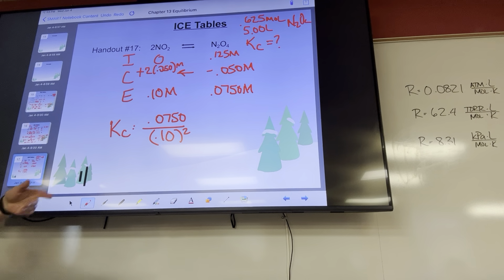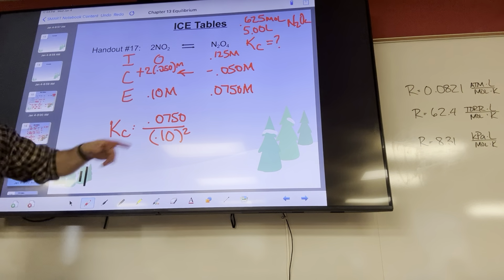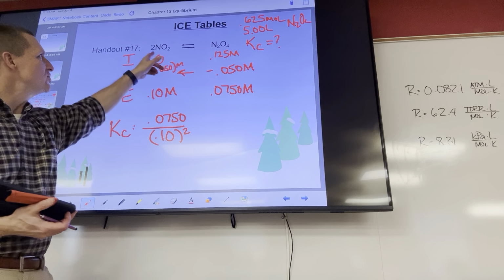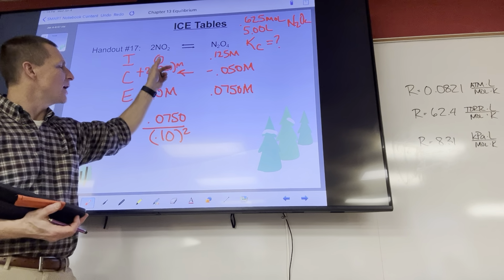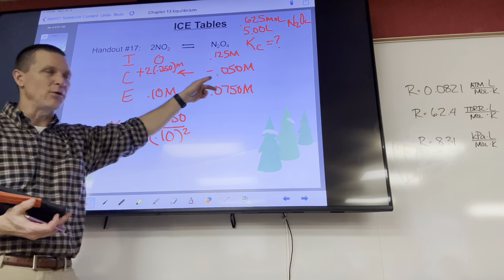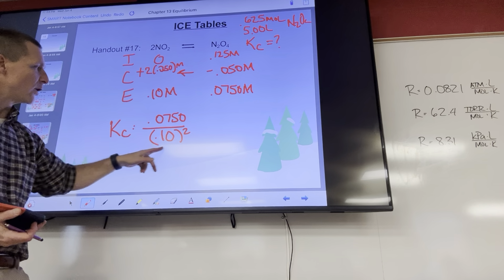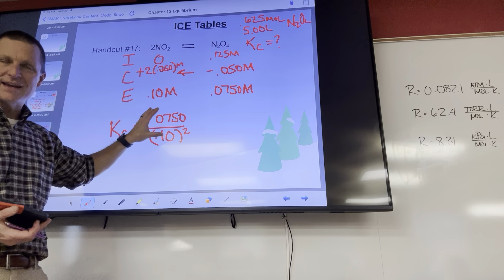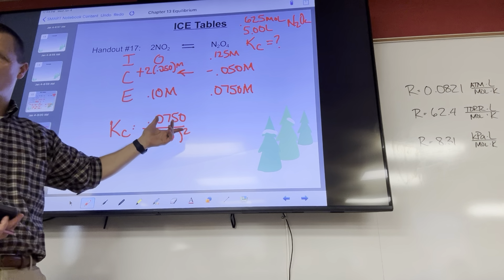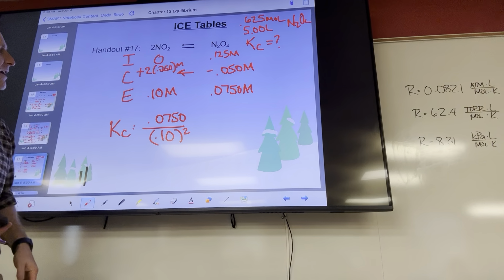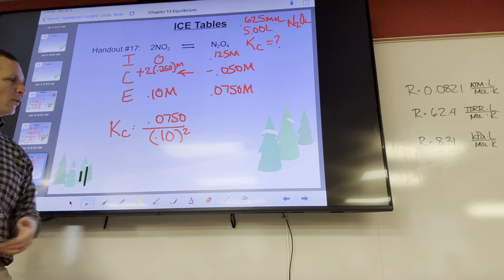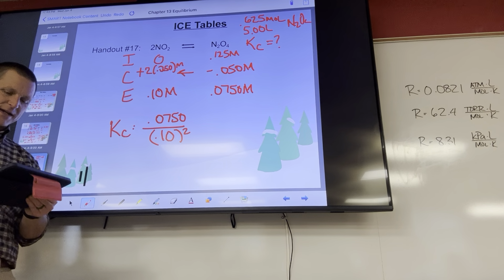So we have to take into account that coefficient twice. Once when we're doing the change, this NO2 changes by twice as much as the N2O4. And then we also have to account for it when we're doing the K expression. It's got to be raised to that power. So 0.075 divided by 0.1 squared gives us our answer, 7.5.